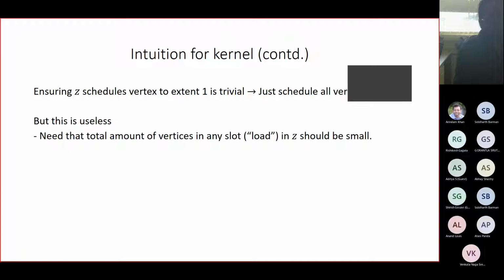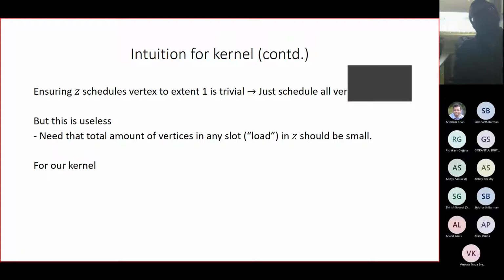So you also want that if I pick a slot anytime, then the total amount of vertices should be small. So remember, in X, which is an assignment, every slot has just one vertex, right? So the load of an assignment is exactly 1. But here we are going away from that. But we still want to keep this load small.